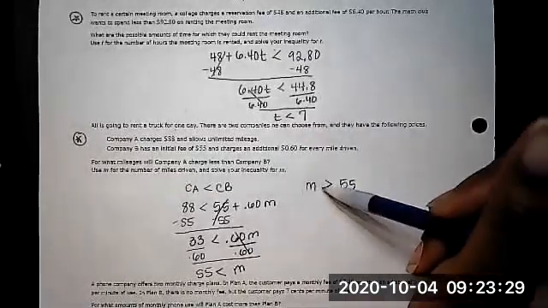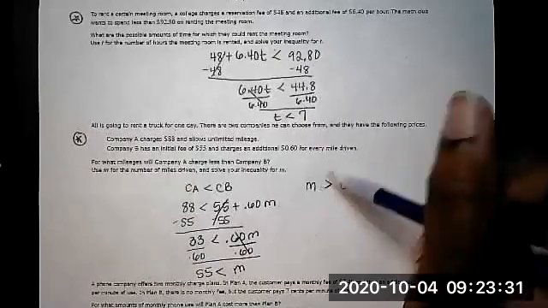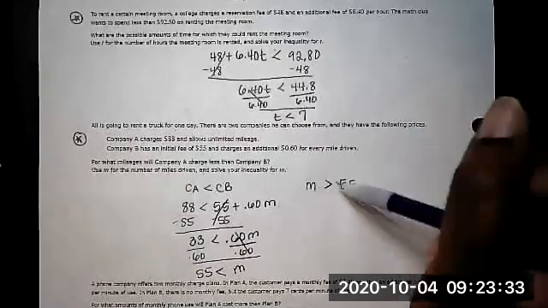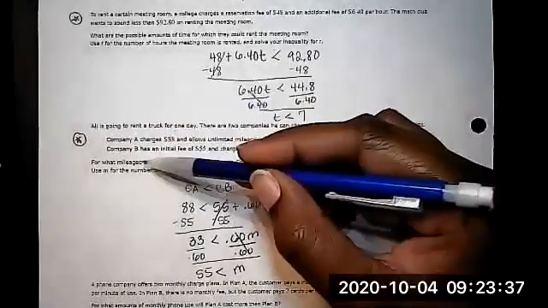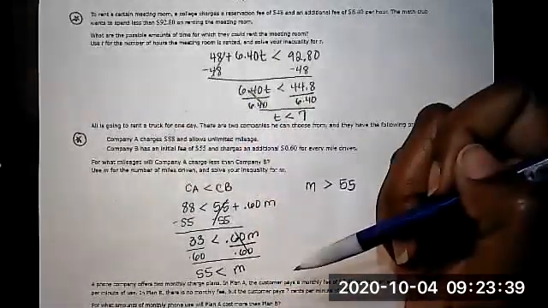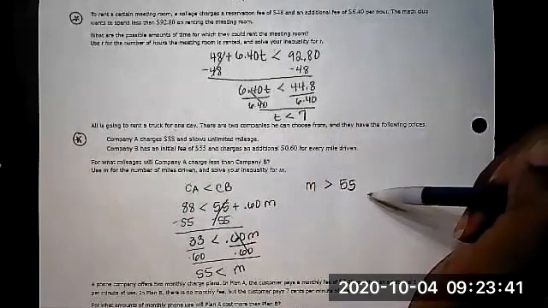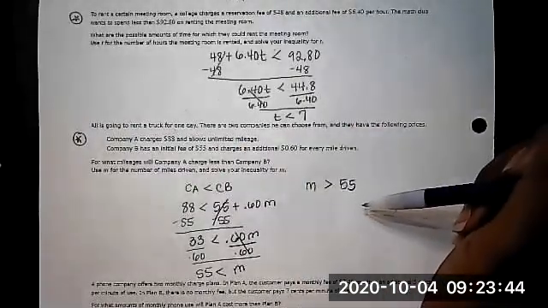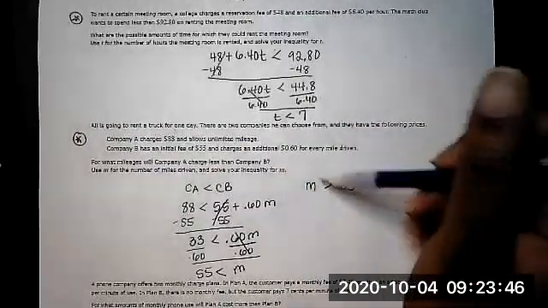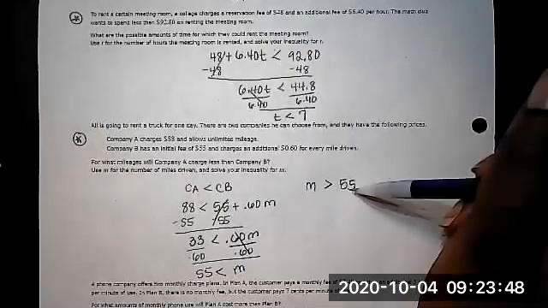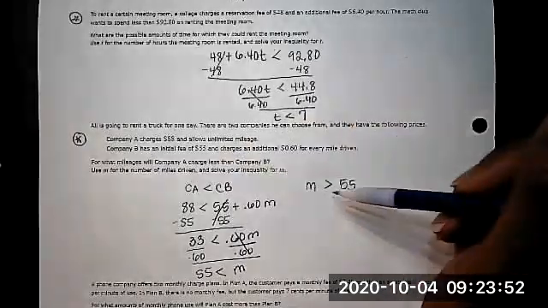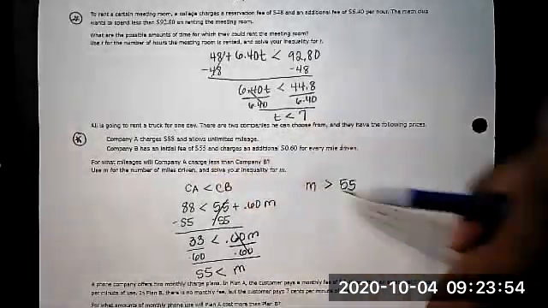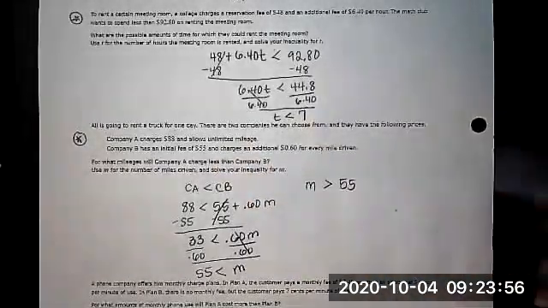It's basically saying the miles have to be greater than 55 for Company A to charge less than Company B. So if you're driving more than 55 miles, then you might want to use Company A. But if you're driving less than 55 miles, you might want to use Company B because it'll be less expensive.